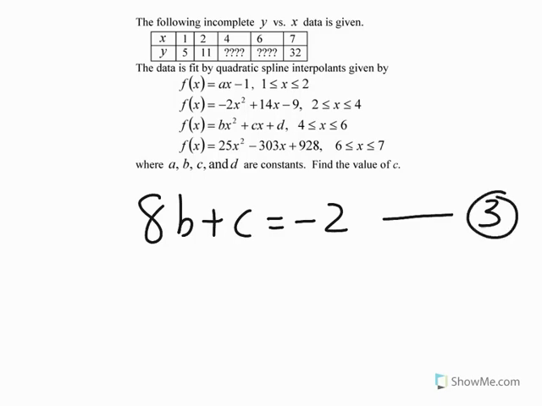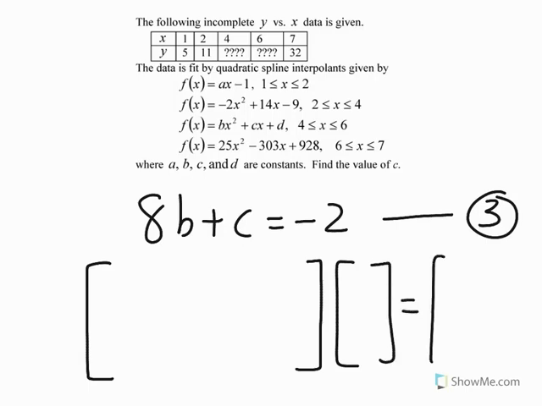So I have now three equations, three unknowns. So the first equation, which tells me that the value at x equal to 4 is 15, I'll be able to set up in the matrix form as 16, 4, and 1, times b, c, and d, equals 15.